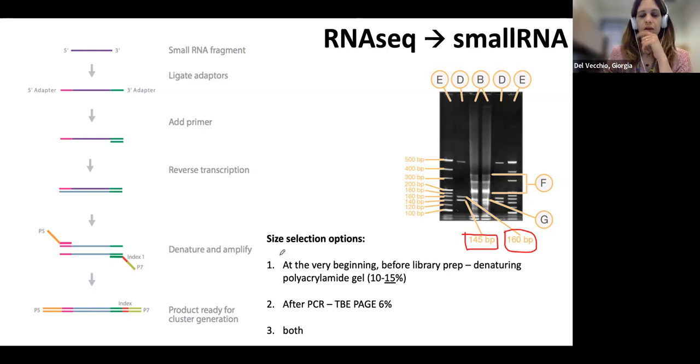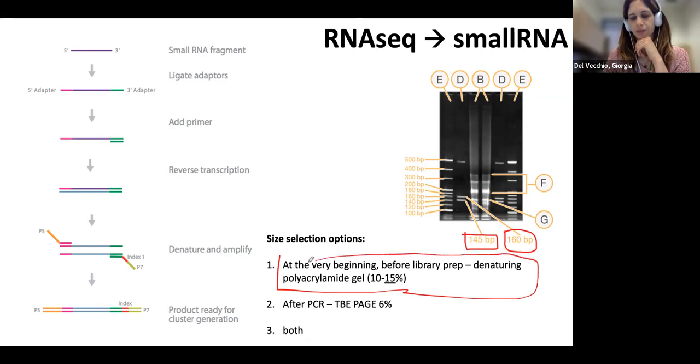So what we can do is run a gel before the library prep to enrich our initial RNA for small RNA. If we can enrich the inputs for small RNA, it would be great. So this is like the very first step.